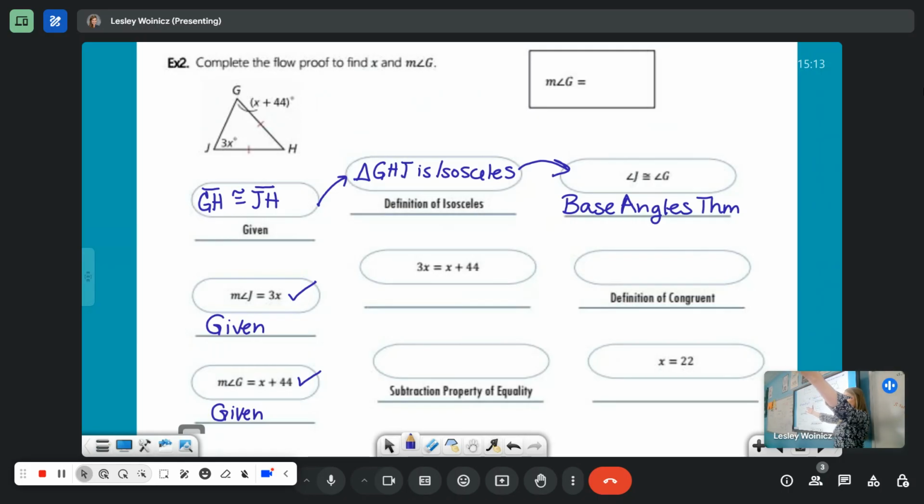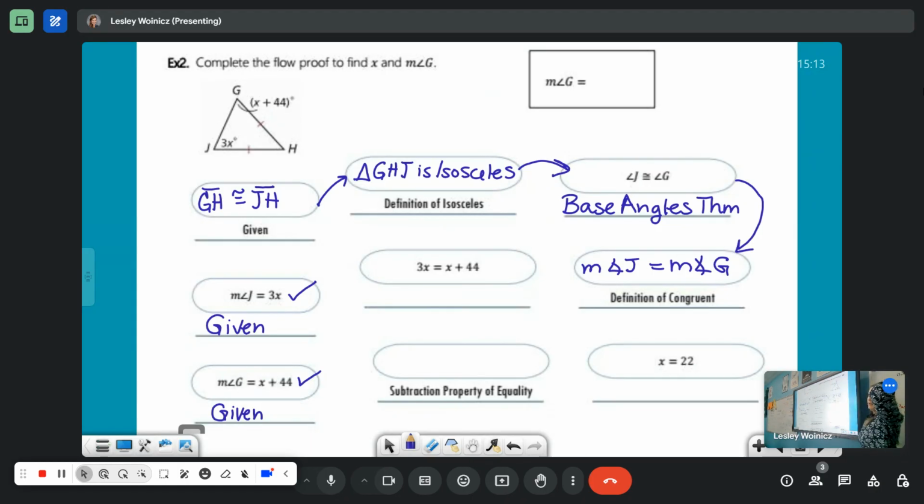Okay, what do I know about the measures of congruent angles? Yeah, the measures have to be equal. And that comes from the definition of congruent. If I know that angle J is congruent to angle G, then I can say the measure of angle J is equal to the measure of angle G. So that came from there.